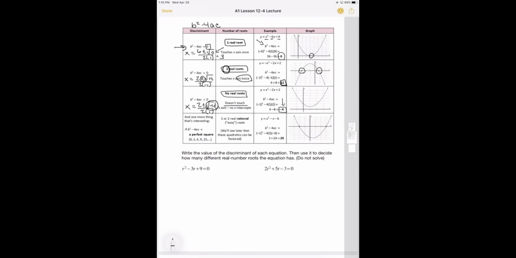We're going to write the value of the discriminant for these two equations and then use the value of the discriminant to decide how many different real number roots or solutions the equation has. So your answer could be 2, 1, or none. How many real number roots or solutions does it have? And so my options are going to be 2, 1, or none.